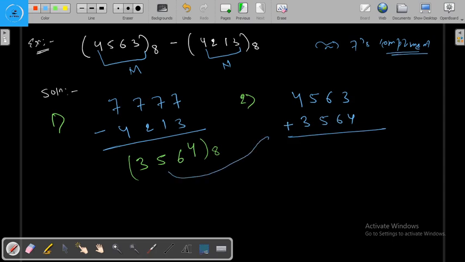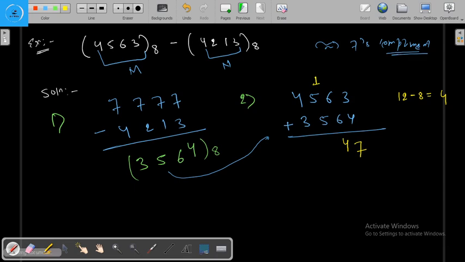We are going to add this number into the M. After performing addition, 3 plus 1 is 7, we can write 7 here. 6 plus 6 is 12. Can we write 12 here? No, we are going to subtract 8 from 12. 12 minus 8 will be equal to 4, then we write 4 here and pass carry.